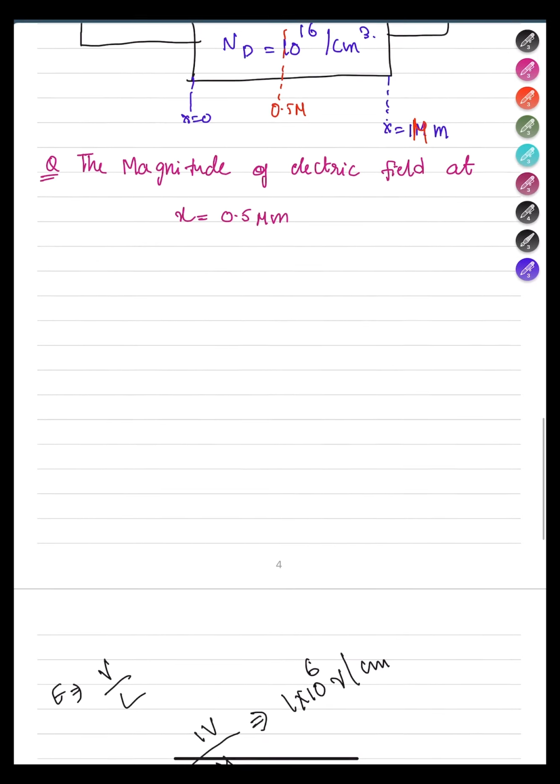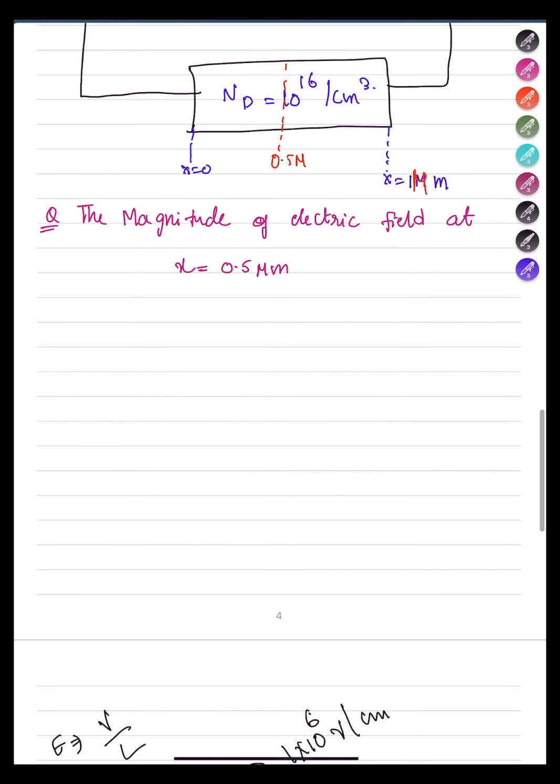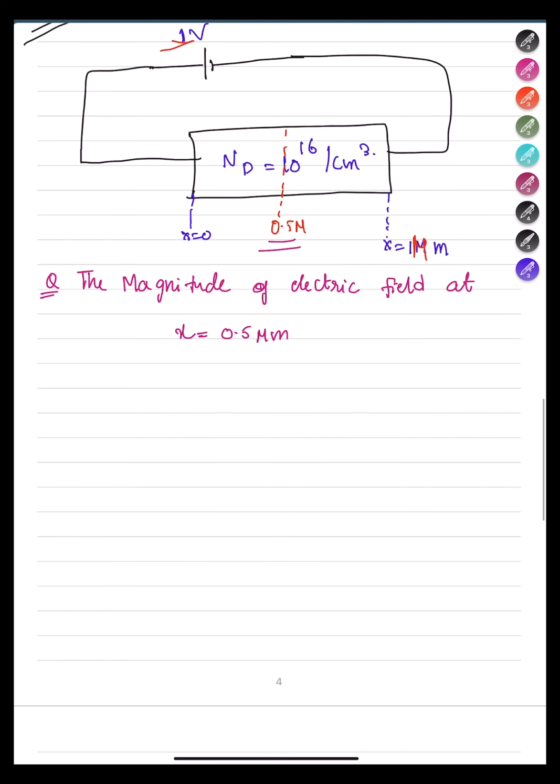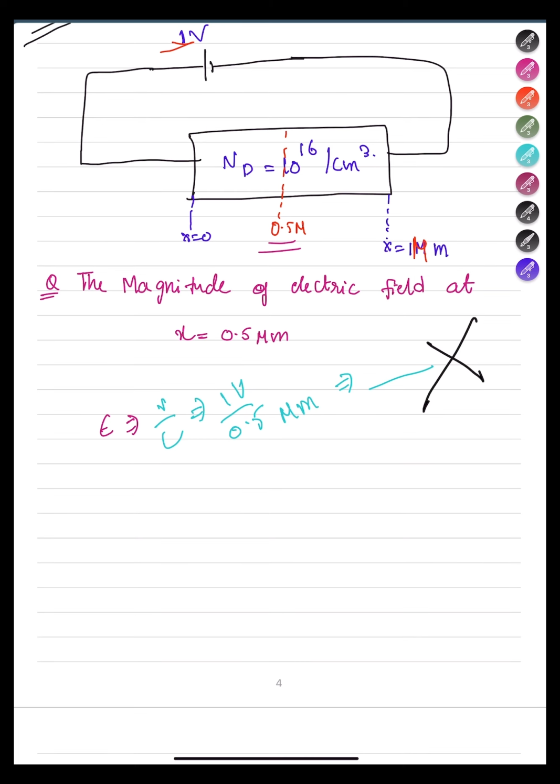In the question, you may think it's asking the electric field at 0.5 micrometers, so you may think electric field is equal to V by L with the voltage 1 volt by 0.5 micrometer. The answer you get will definitely be wrong. Because if the length is halved, the voltage will also be halved.